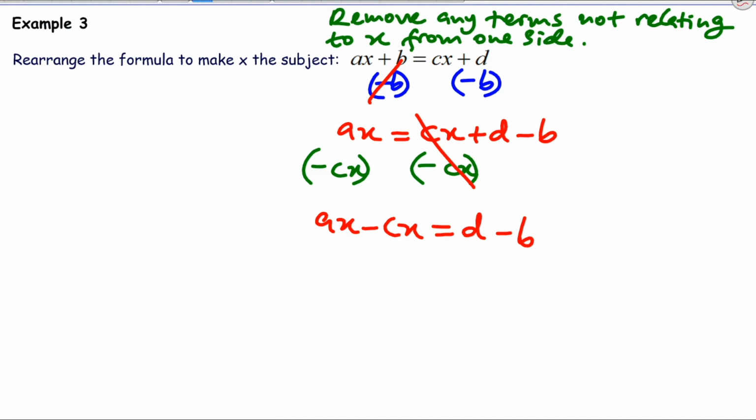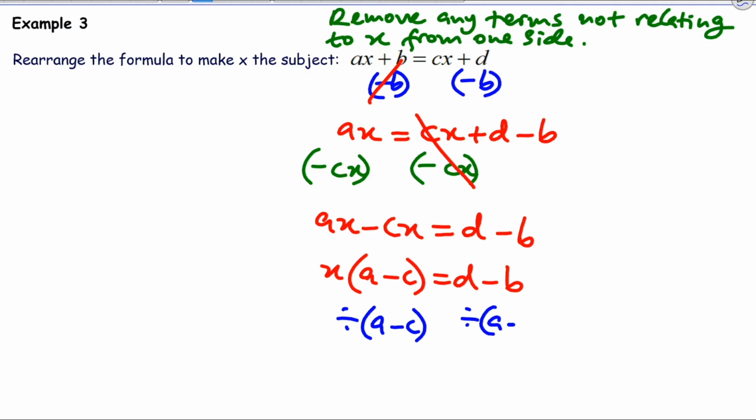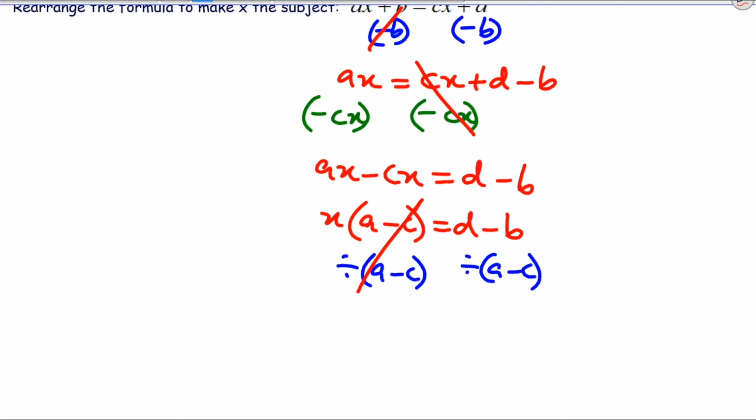So what we'll be left with is x into a minus c equal to d minus b. And then you may want to divide by a minus c on each side. This will be gone because a minus c divided by a minus c will be equal to 1. So basically our solution here will be x equal to d minus b over a minus c.